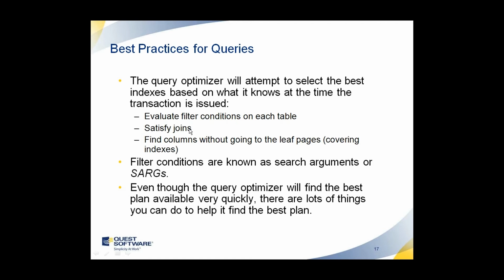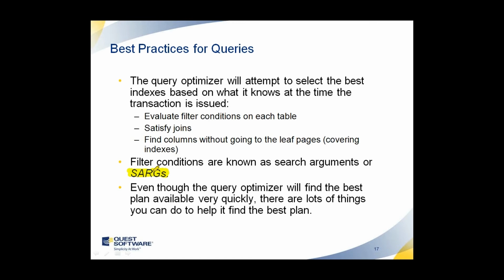If you have built your indexes on columns that are frequently joined, that will help a lot. And if you can, make use of covering indexes, that's going to help a lot. The acronym that's used a lot out there is SARGs, search arguments. This is what you want to provide plenty of to the query optimizer, even an overabundance of search arguments, to help the optimizer choose the best access methods and the best algorithms to get to the data that you requested.